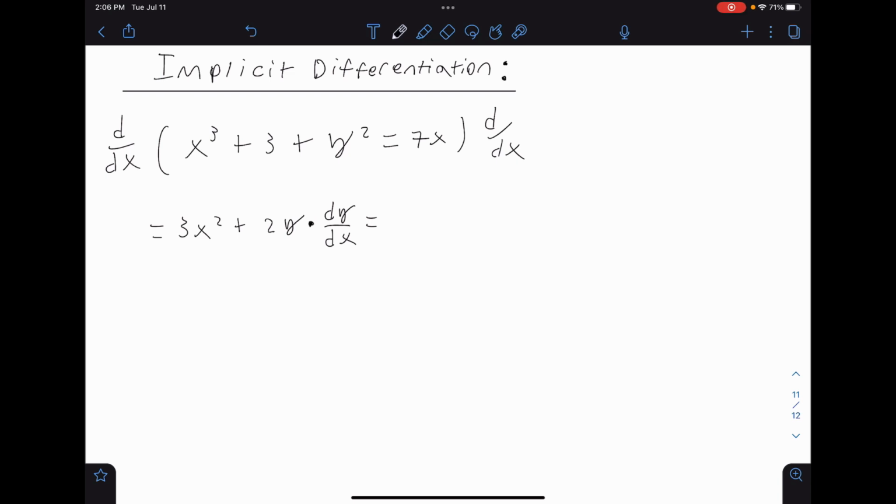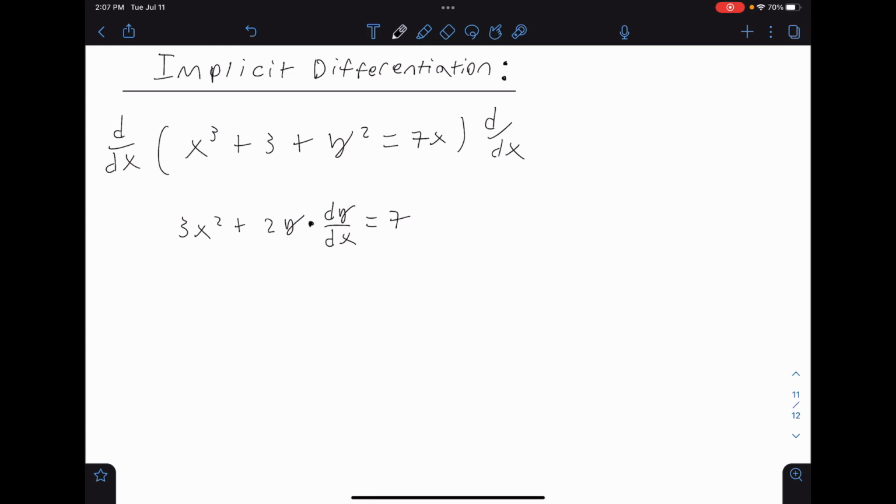Next, we're going to take the derivative on the other side of the equation. We did the left side right here, and now we need to do the right side. On the right side, it's just 7x, so the derivative of 7x is 7. Now, we're still not done. This looks a little messy, right?